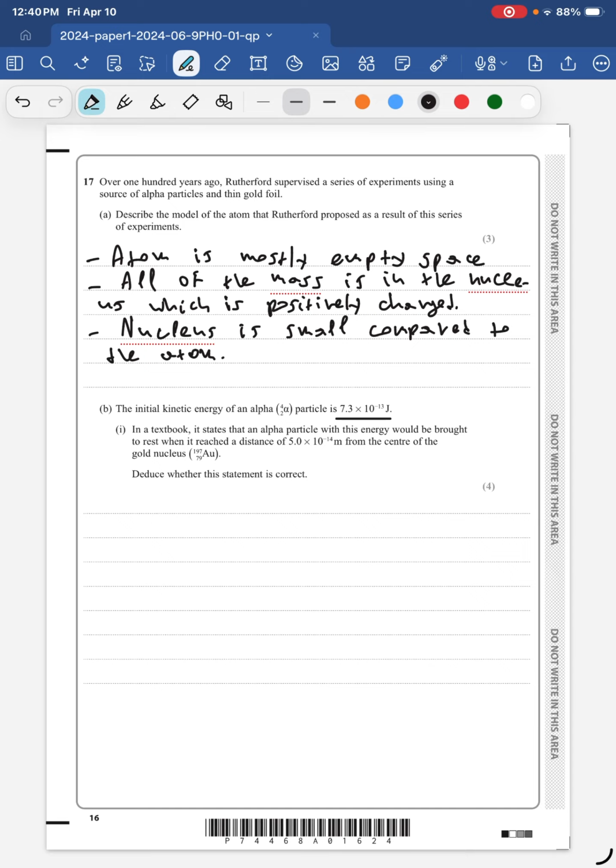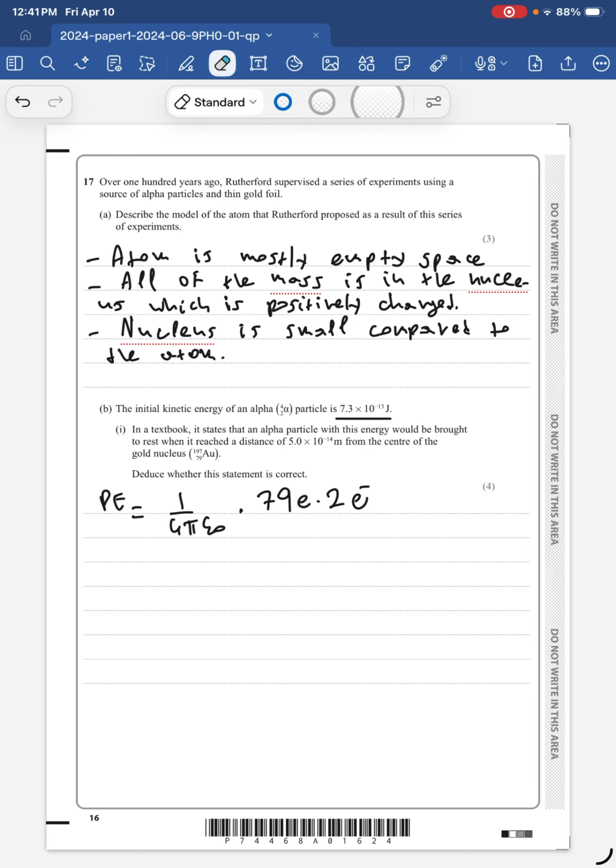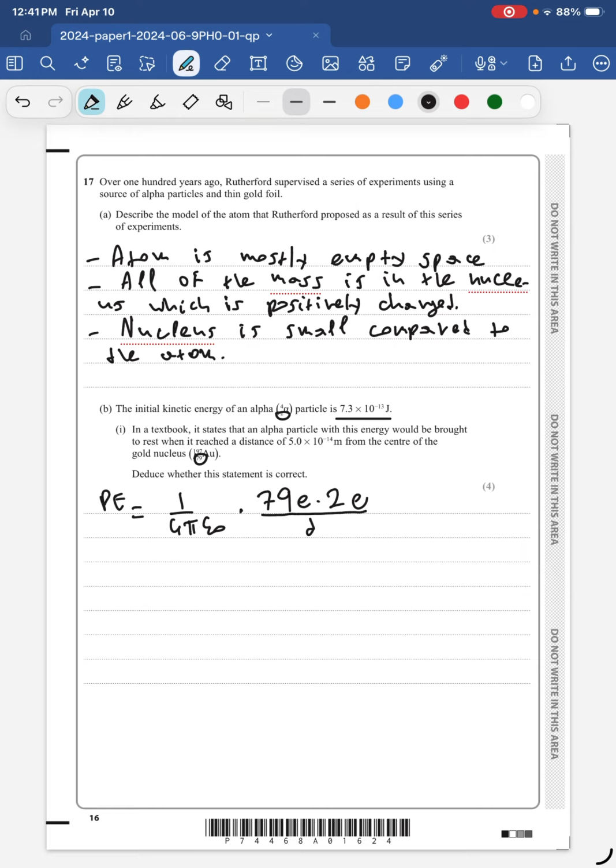So how are we going to do that? The potential energy PE is equal to 1 over 4 pi epsilon naught times the charge of the gold nucleus times the charge of the alpha particle. The gold nucleus has 79 protons and the alpha particle has 2 protons. So we have to multiply their charges, and if we divide by the distance, this is the electric potential energy.